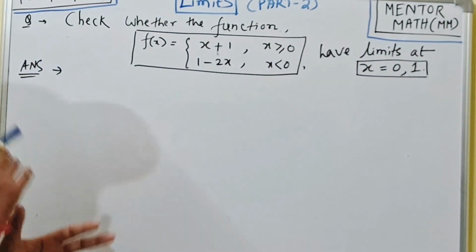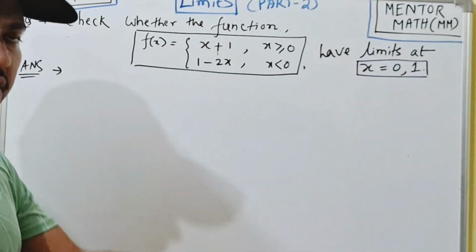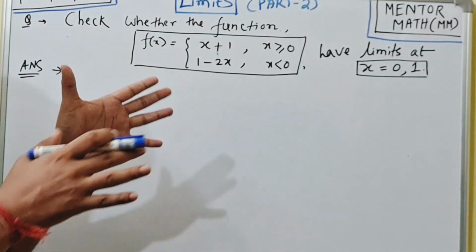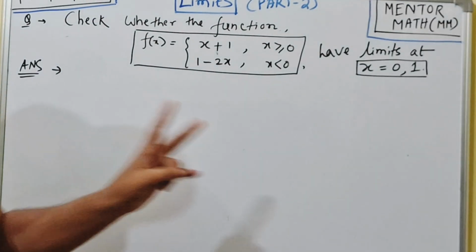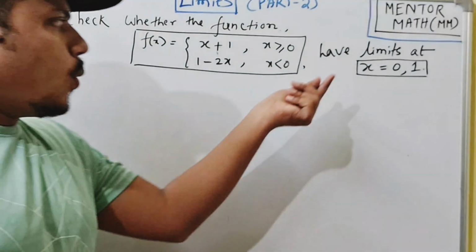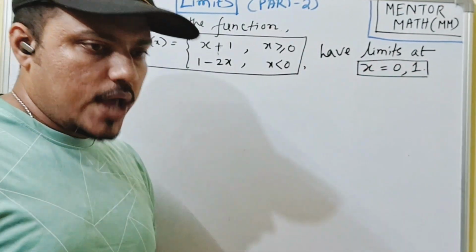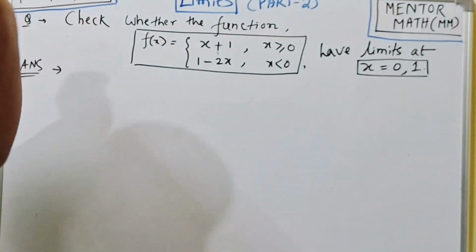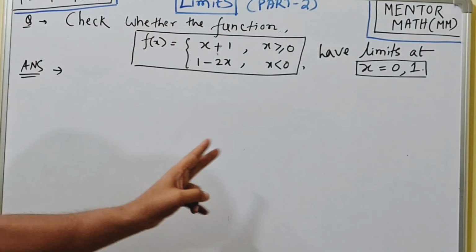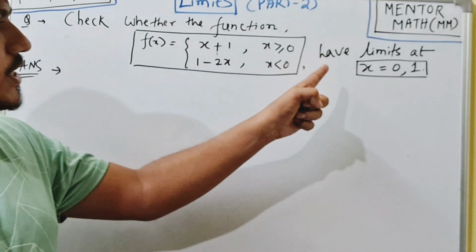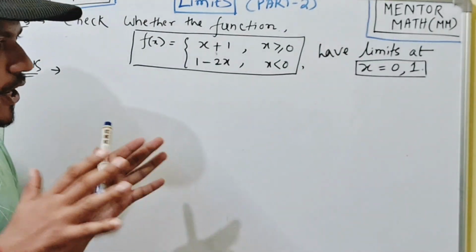So you have to check whether this function has a limit, whether the limiting value exists or not, at two particular points. One is x = 0 and another is x = 1. So this is the meaning of this question.